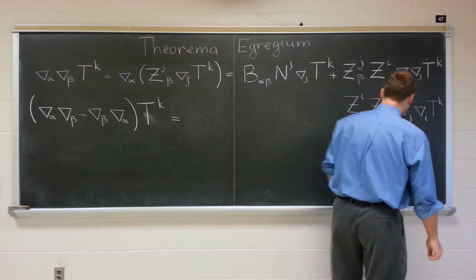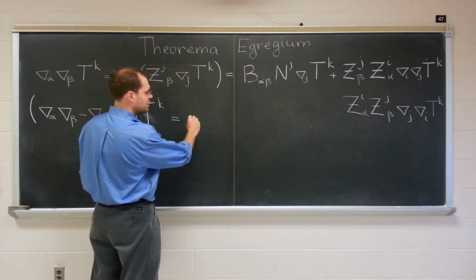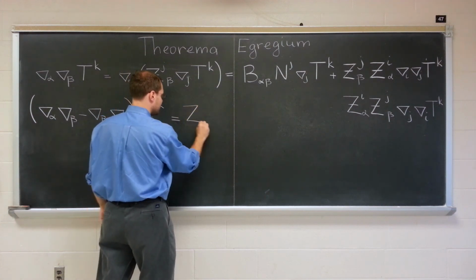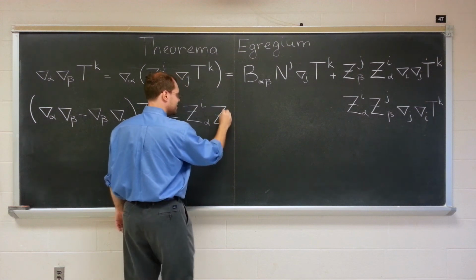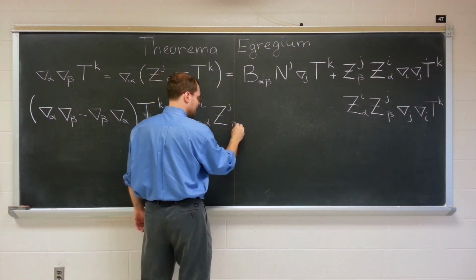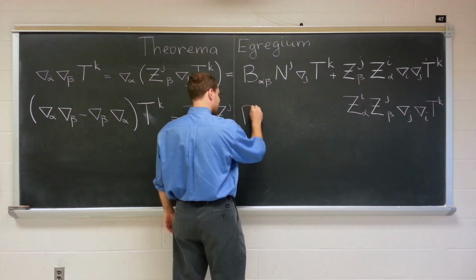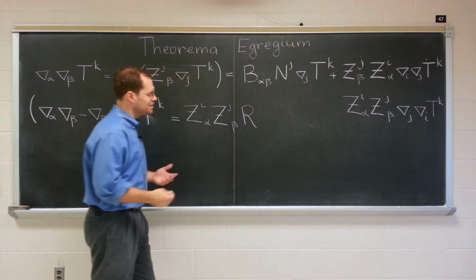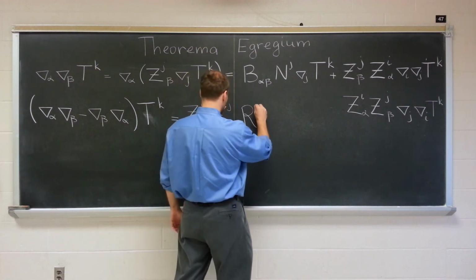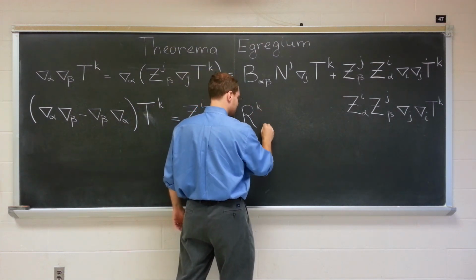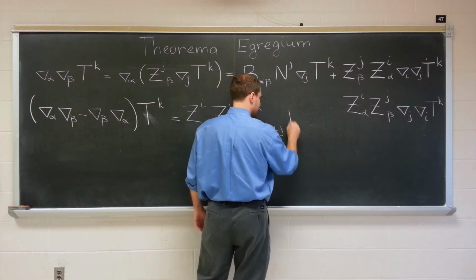So maybe we'll just write it in the order just as we see it. So it will be z I alpha, z j beta. We're getting something reminiscent of the chain rule. It's sort of like the ambient relationship projected, which is not surprising. R, K, M, I, J, T, K.